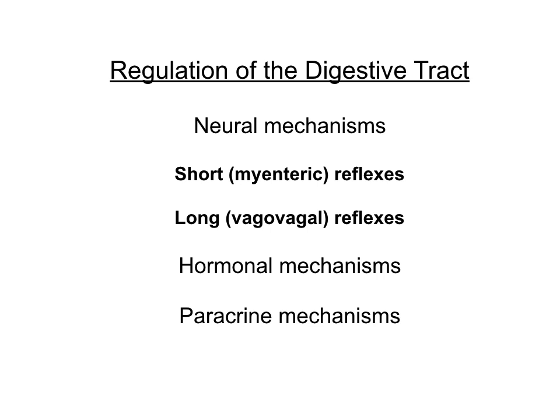Your long reflexes are going to act through the autonomic nervous system. You're going to have nerve fibers that carry sensory information from your GI tract to your brainstem. Your brainstem is then going to analyze that incoming sensory information.